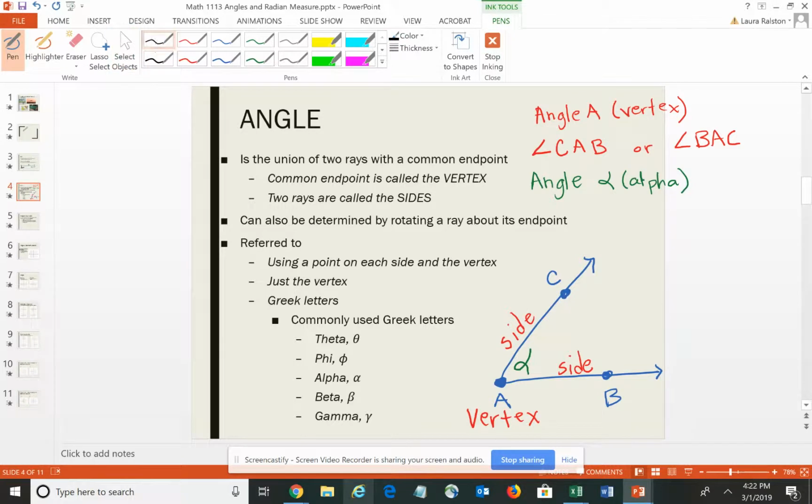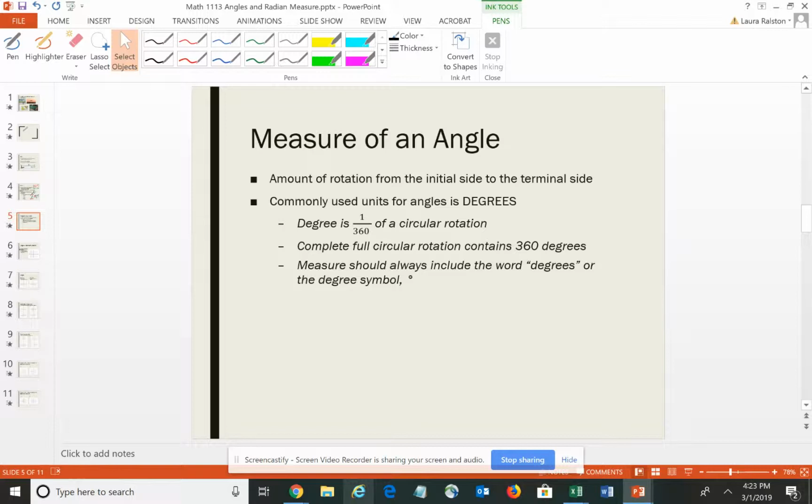So in this case, ray AB would be my initial side because that's where I started. And then the terminal side is where the second ray is, and it's where the angle ends. And so when you go to measure, you measure from the initial side to the terminal side.